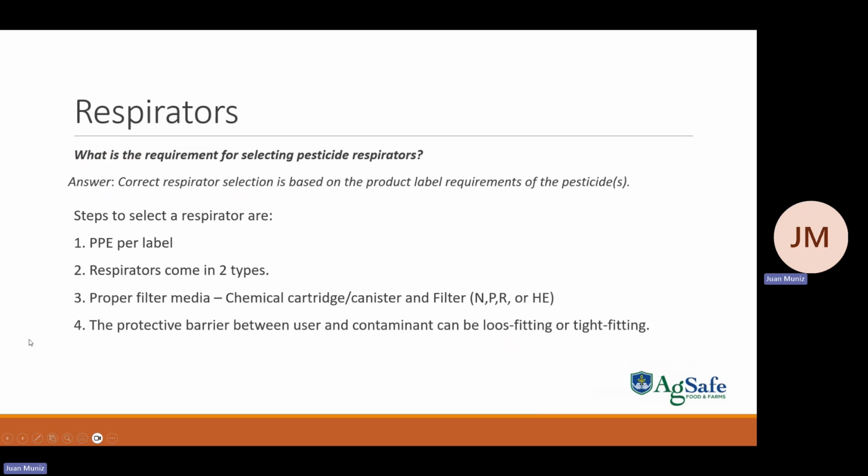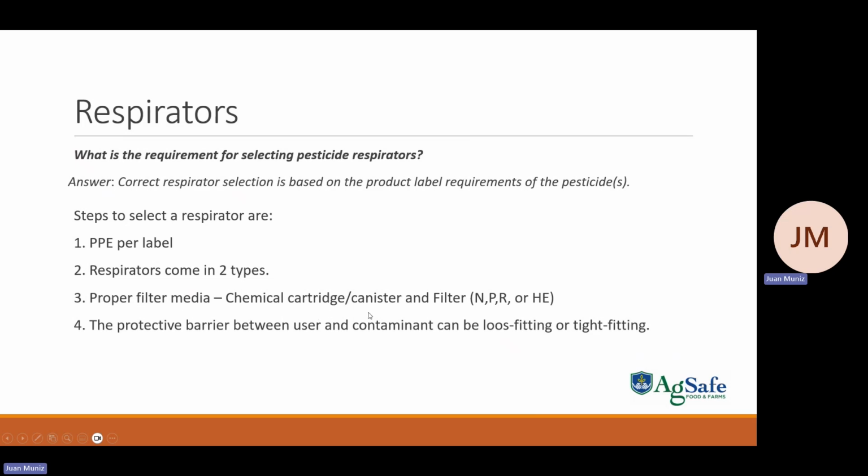Respirators. What is the requirement for selecting pesticide respirators? And the answer is the correct respirator selection is based on the product label requirements of the pesticides. Steps to select the respirators are: 1, per the PPE label. 2, respirators come in 2 types. And 3, proper filter media.